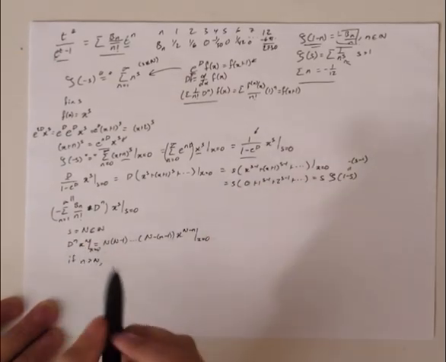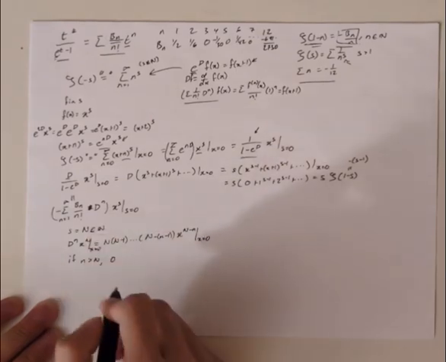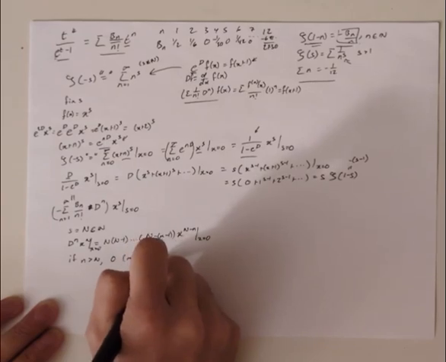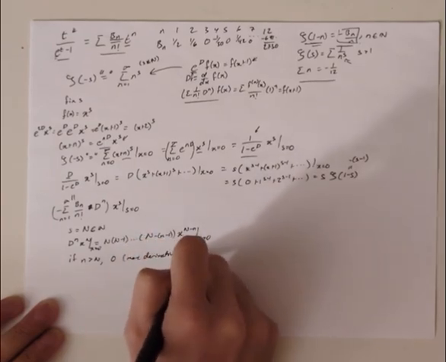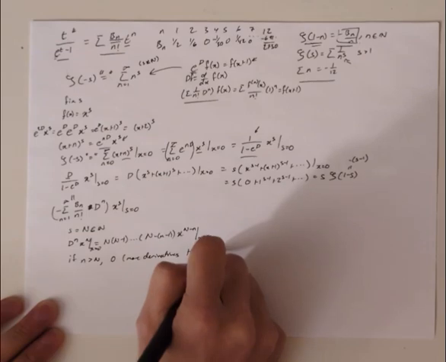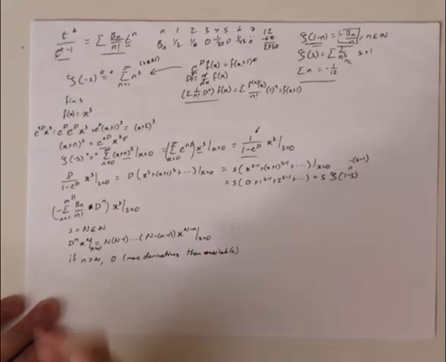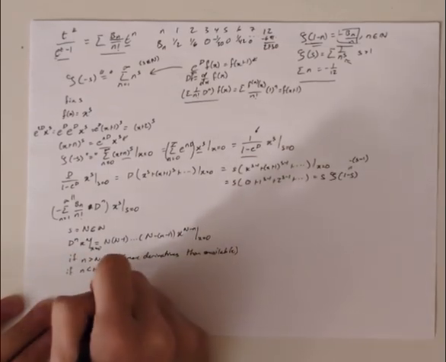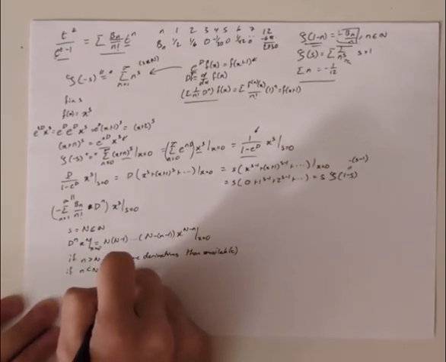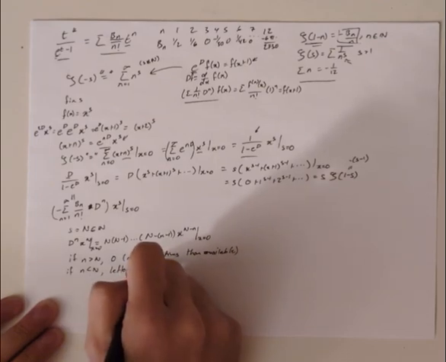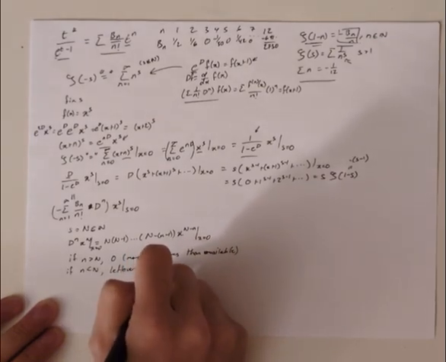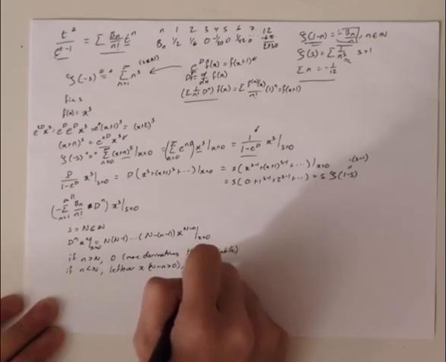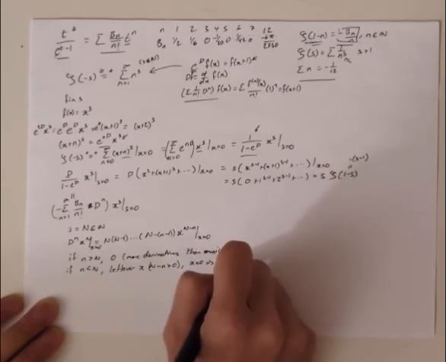So what happens there is that we get 0, because there are more derivatives than available. But also, if n is less than N, then we have leftover x, right? Because N minus n is greater than 0. And so when we plug in x equals 0, we also get 0.